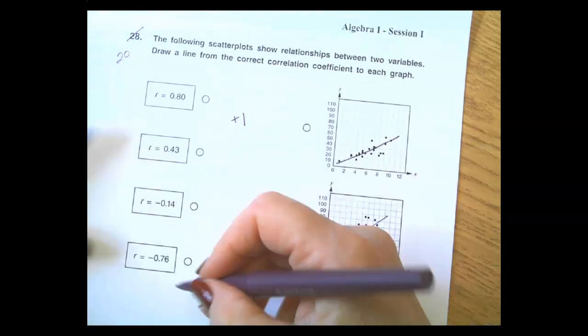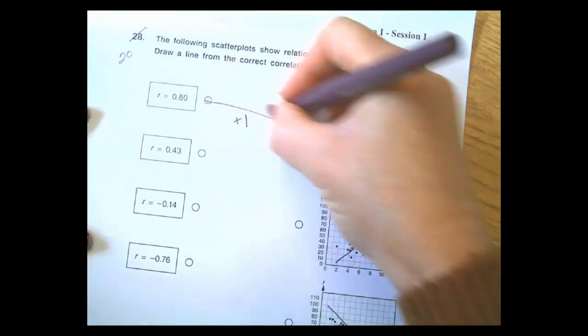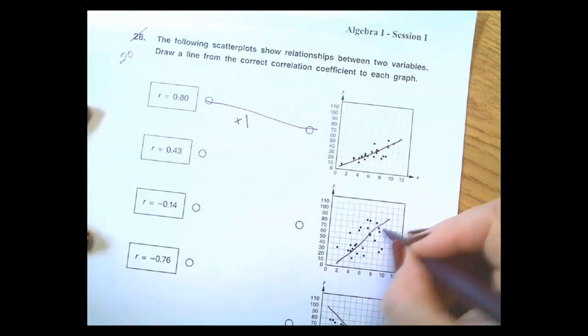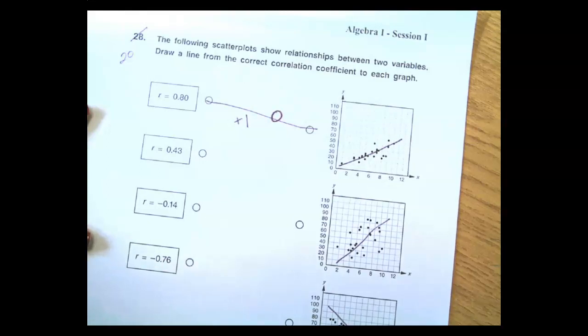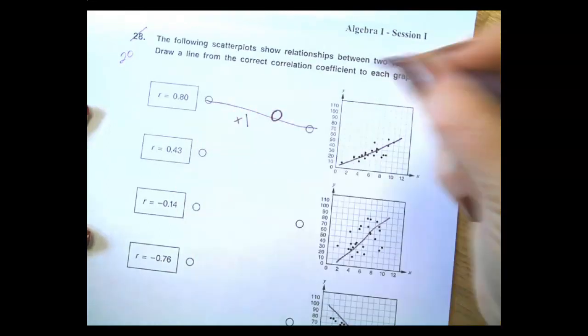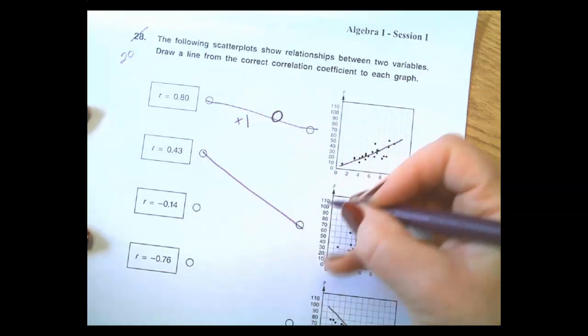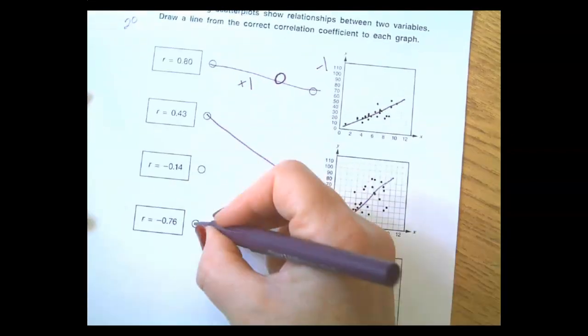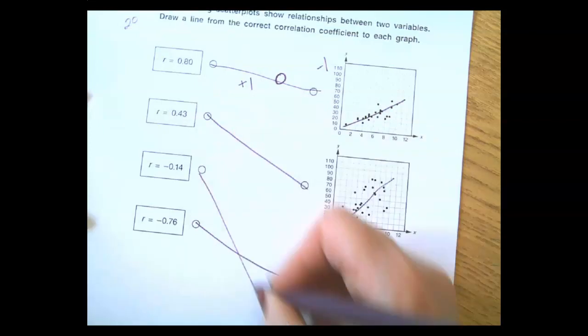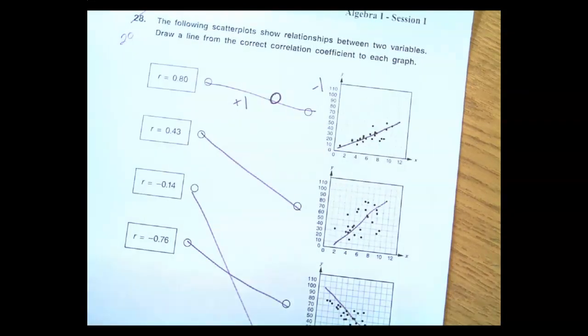So where's the closest positive? That's this one. This one's also increasing, but it's closer to not so good, so that would be closer to 0. But it's still positive. So a -1 would be a really good downward. So this is closer to -1, and this is just hideous. Oh, and we're done. There you go.